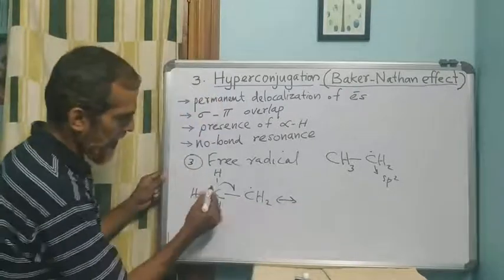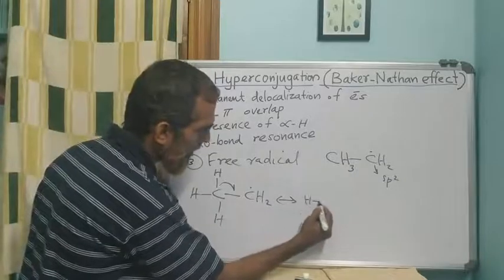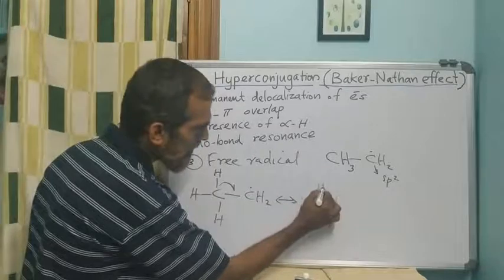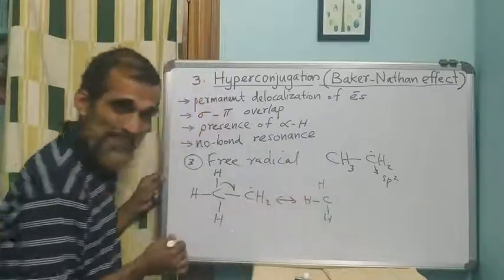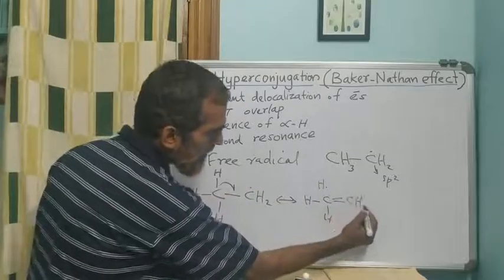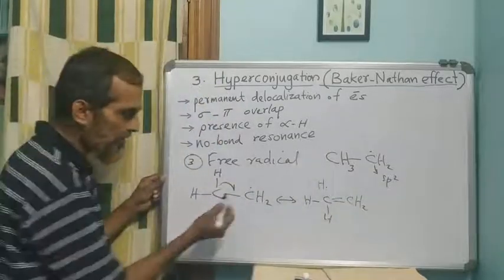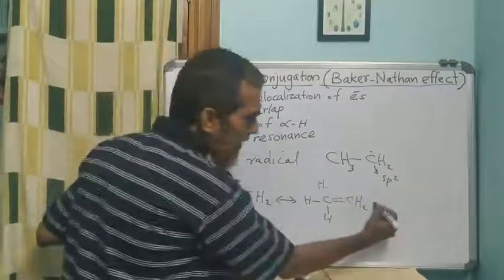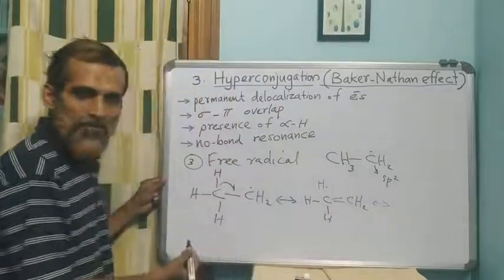So what do you get? The next structure becomes like this. One electron is moved, so this hydrogen will be carrying one electron with it, but no bond. This becomes a double bond, CH2, using this electron and one electron coming from here to form the double bond. You get two more structures similar to that.